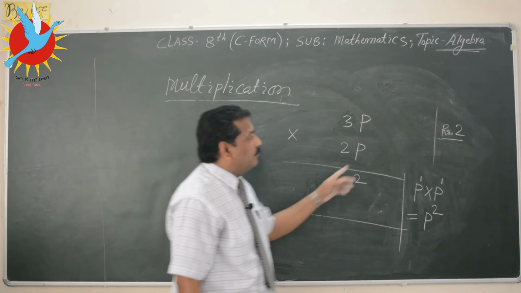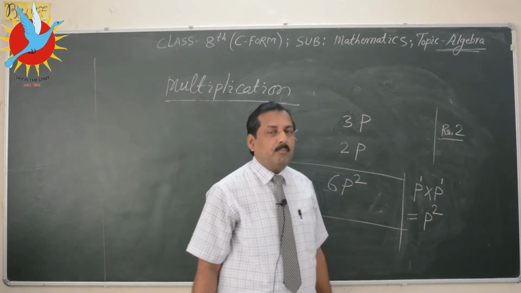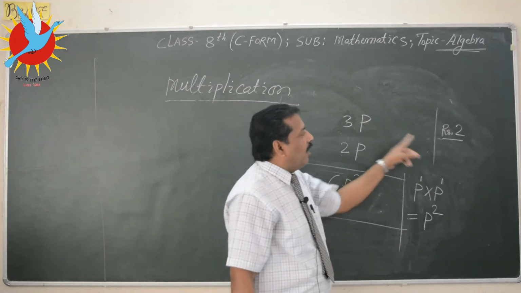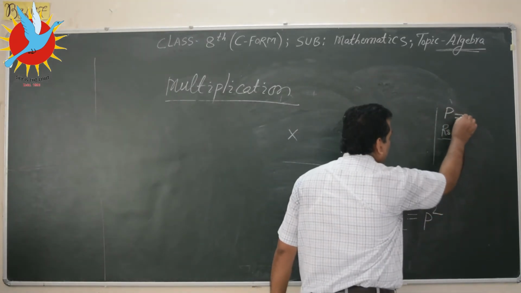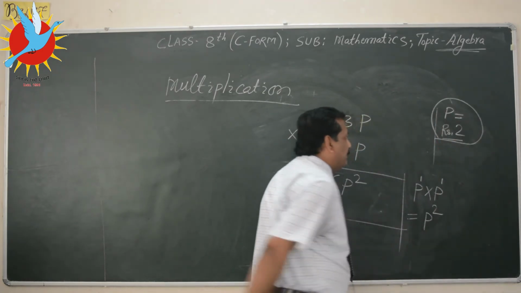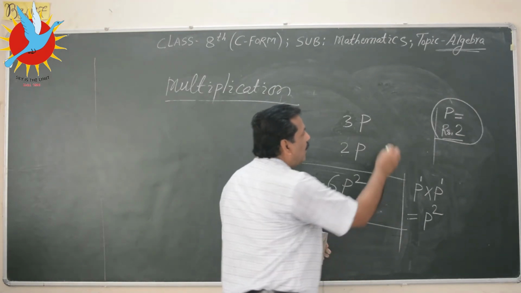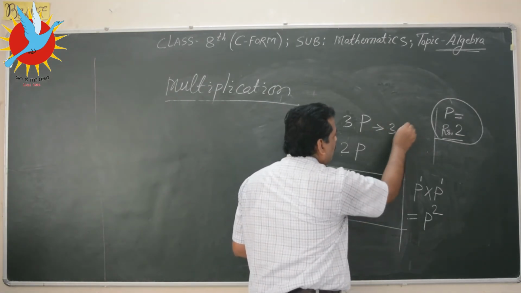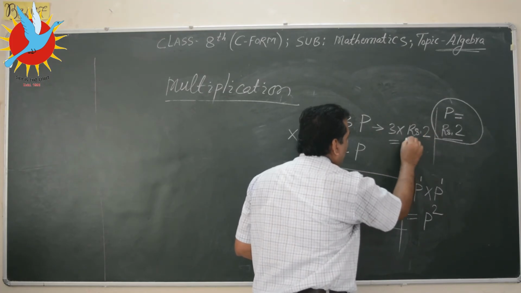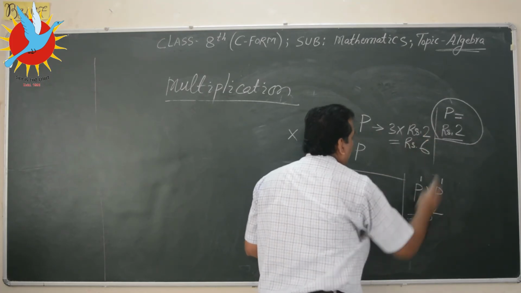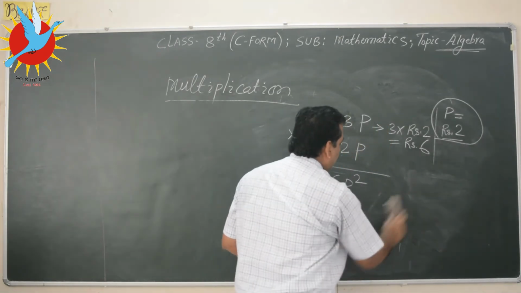Already we have assumed that P stands for the price of a book, and let us say the price of a book is rupees 2. So this P is equal to rupees 2. Fine. So 3P means 3 multiplied by rupees 2, and this is rupees 6. I hope you understand this. And what about this figure?